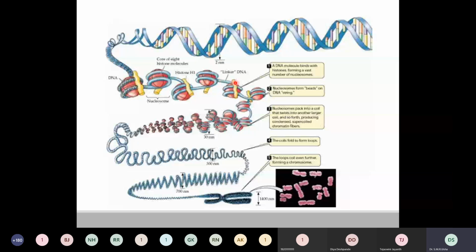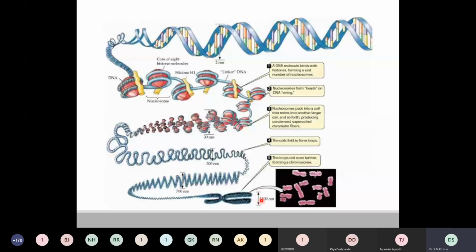They are about 12 nanometers diameter. Then they become 30 nanometer chromatin fibers, 300 nanometer loops, and in dividing cells they are known as chromatids, 700 nanometers, and a metaphase chromosome looks like this, which is 1400 nanometers.